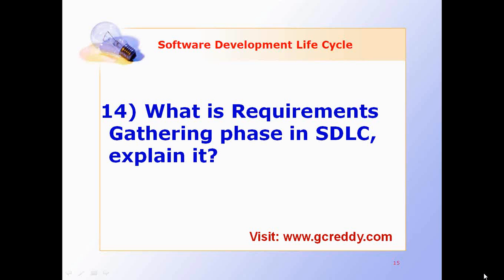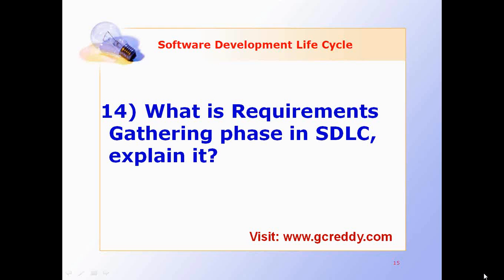The document is called BRS, Business Requirement Specification, or CRS, Customer Requirement Specification, or URS, User Requirement Specification, or PRD, Product Requirement Specification, or BDD, Business Design Document. See, the document name may be whatever it might be. Business analyst category people gather requirements in this stage and document them.